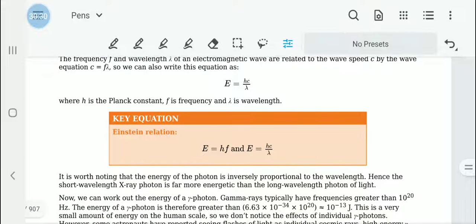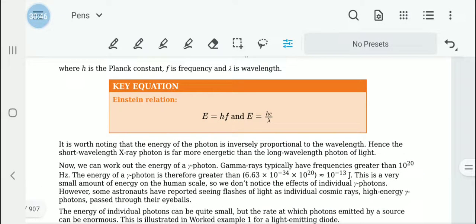This equation can be written in relevance to c equals f lambda as well. Right, and then write down the Einstein relation E equals hf and E equals hc upon lambda.